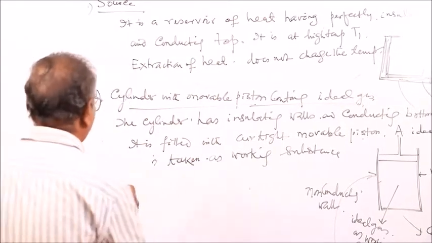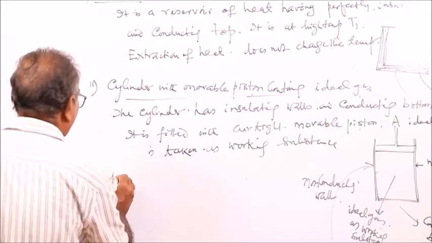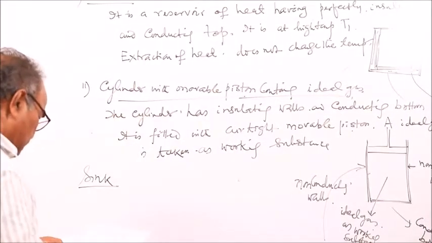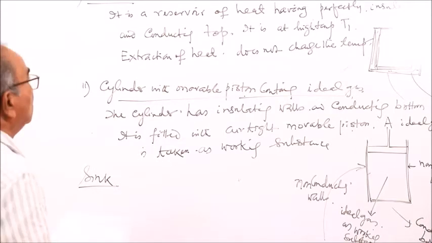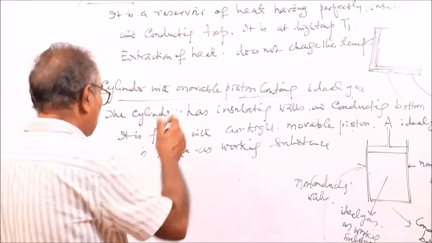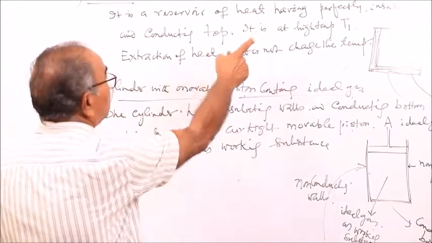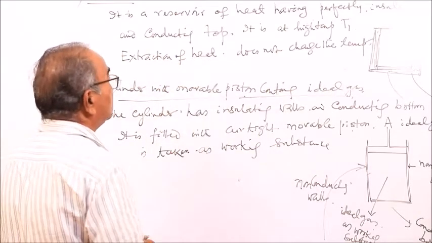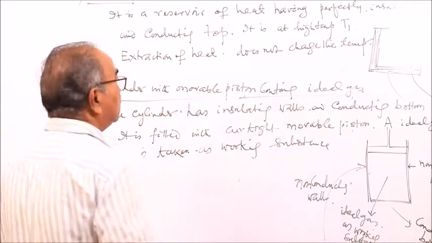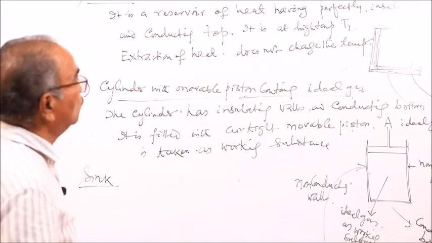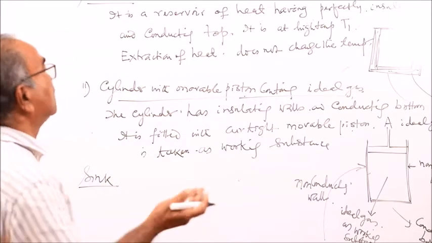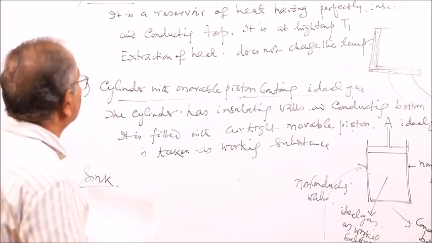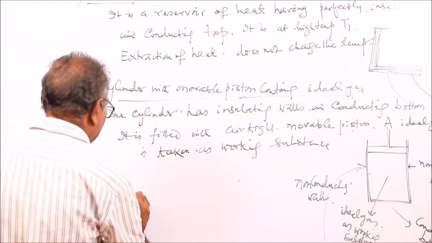Then sink. Third one is sink. It is also a reservoir of heat, with perfectly insulating walls and conducting top, and its temperature is T2. It is at a high temperature, but slightly less than T1.